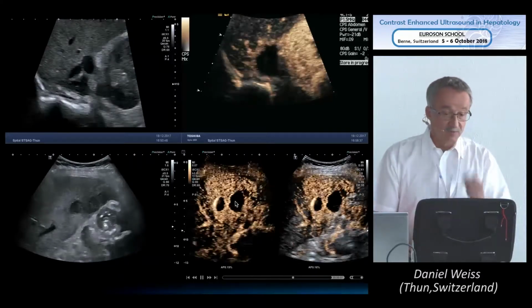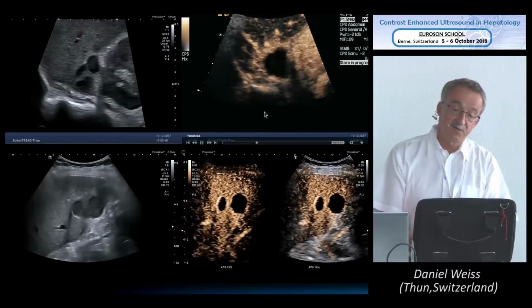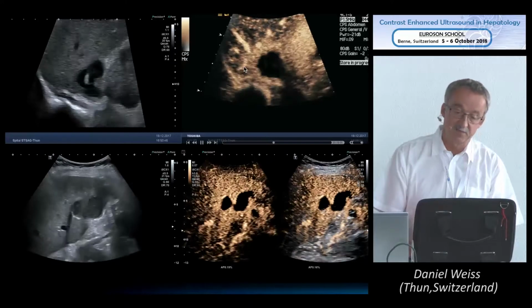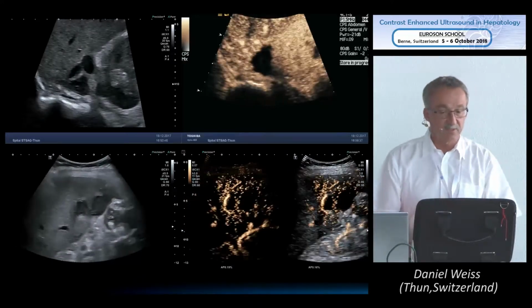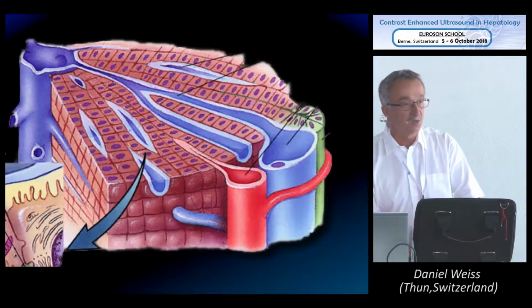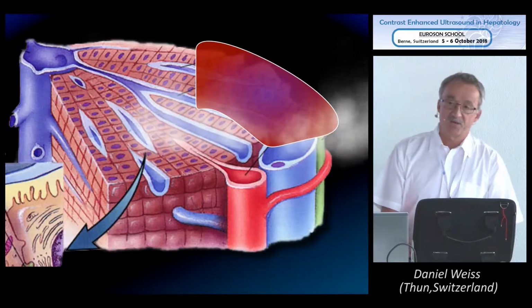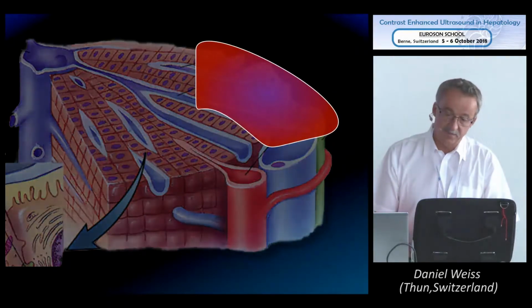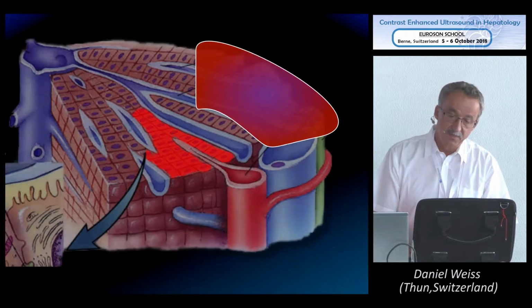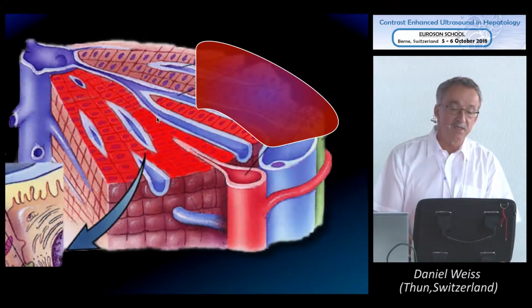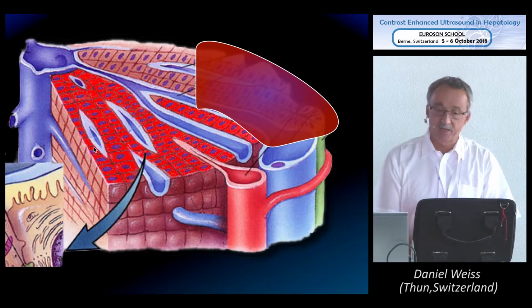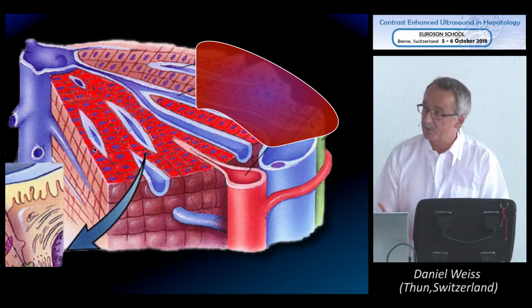So what could be the reason for this enhancement in the liver tissue? It's a hematoma. I can tell you it's a hematoma, and the hematoma makes a compression on your portal venous system, and then you have a compensatory increase in the arterial supply, and you have an enhancement of the liver tissue.